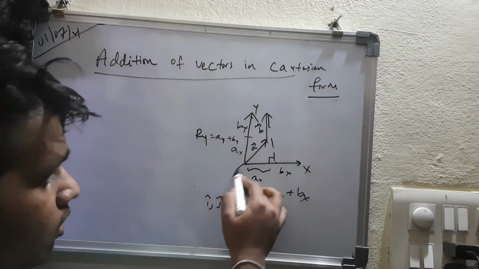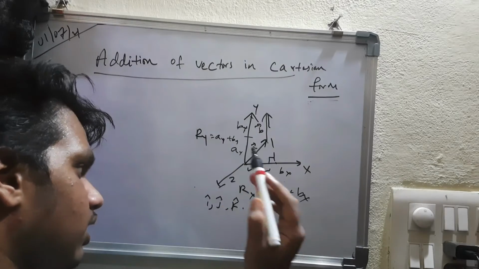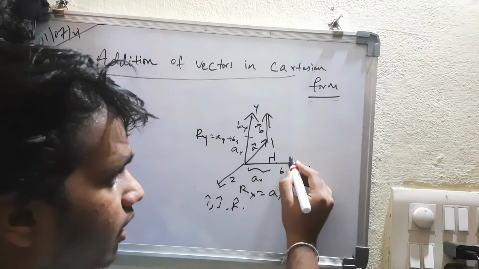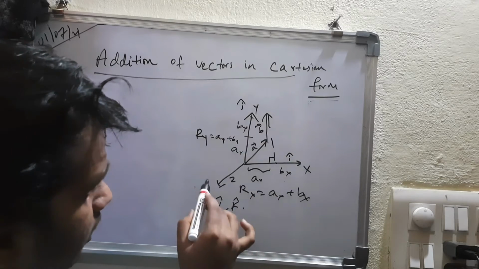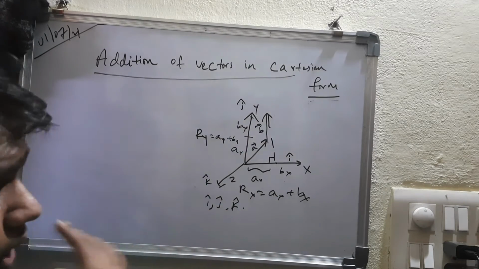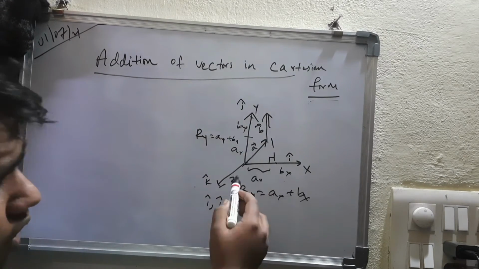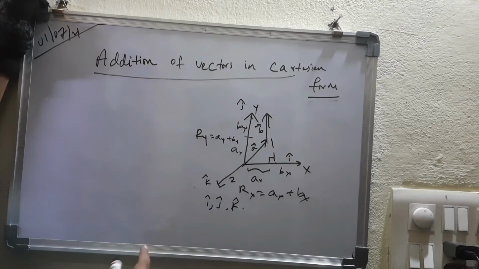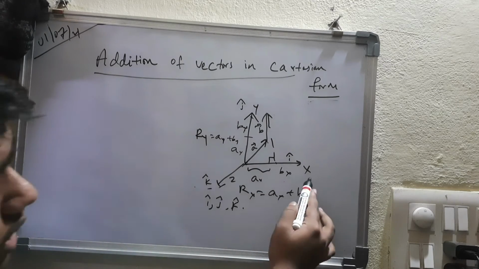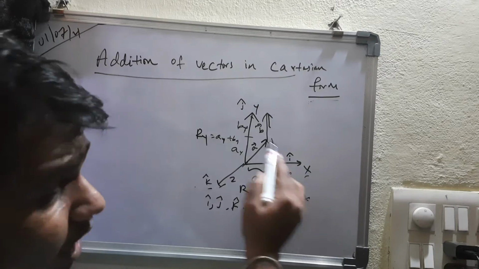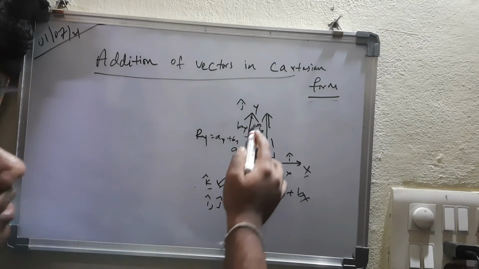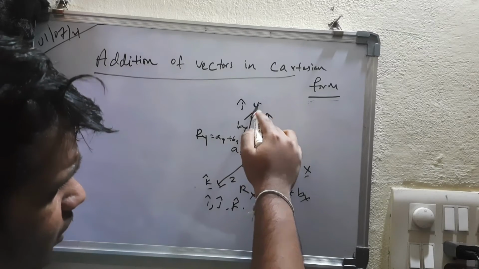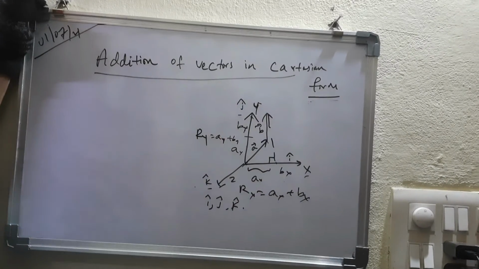The z axis comes like this. This becomes i cap, this becomes j cap, and this becomes k cap. Any coordinate in the z direction will be k cap, any coordinate in the direction of the x axis will be i cap, any coordinate in the y axis will be j cap.